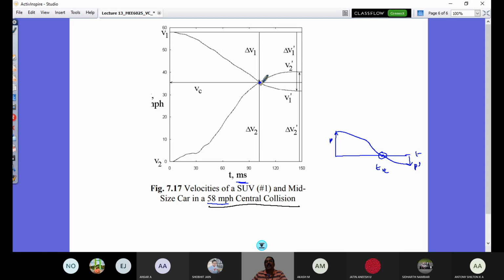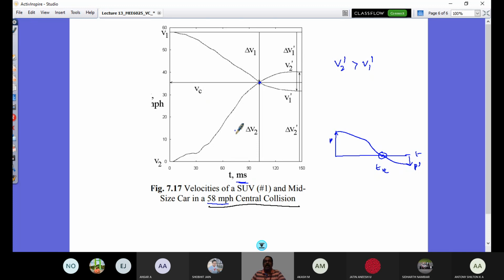After that there is separation, so the velocities get separated, V2 dash and V1 dash. So you see, this is what would happen during a crash. That is why V2 dash is always greater than V1 dash. So V1 and V2. There are three cases we will see, and you will understand that in every case this is happening. Right?